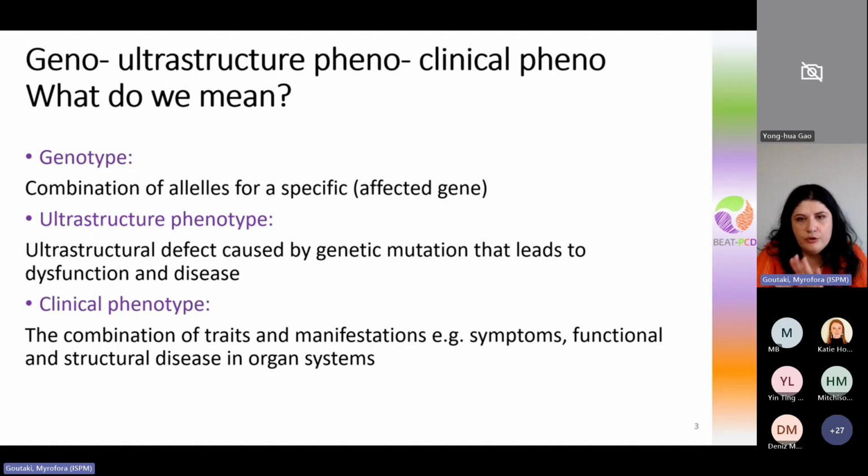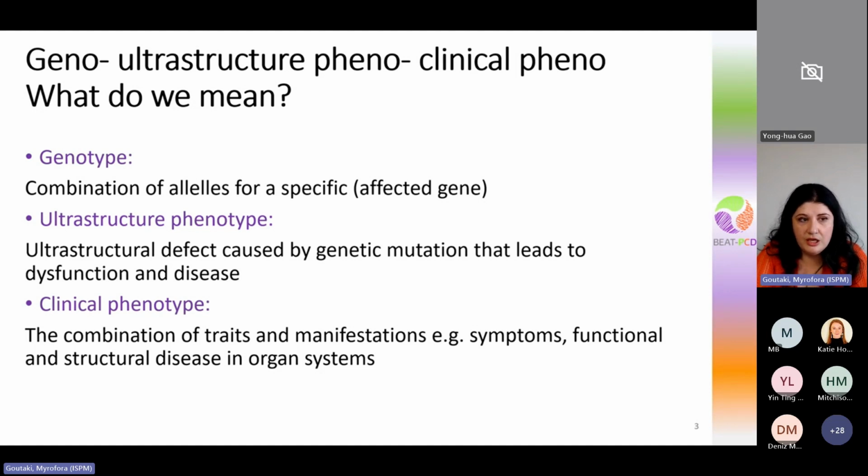In the case of PCD, we also have the functional ultrastructural phenotype, which is the actual type of ultrastructural defect that is caused by the genetic mutation and that leads to the dysfunction of the cilia and the disease. And the clinical phenotype, what we will refer to today, is the combination of different traits and manifestations, which includes not only symptoms, but also other expressions of disease, such as functional and structural disease seen by lung function, for example, or imaging in different organ systems.